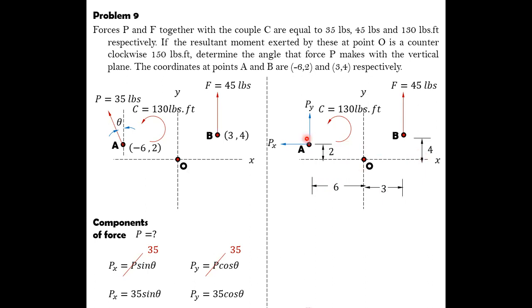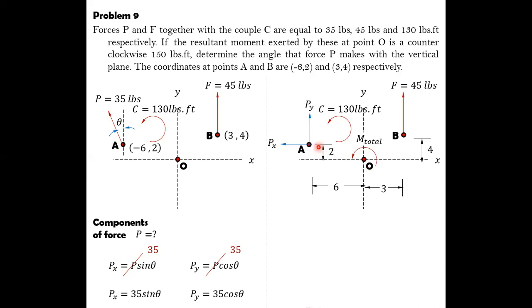Now take note that the total moment generated about point O is a counterclockwise moment whose value is equivalent to 150 pounds feet. So definitely the strategic point that we will be using to compute the moment is point O. Take note that it must be point O, because our total moment is not like the couple, which is independent of any point of rotation.